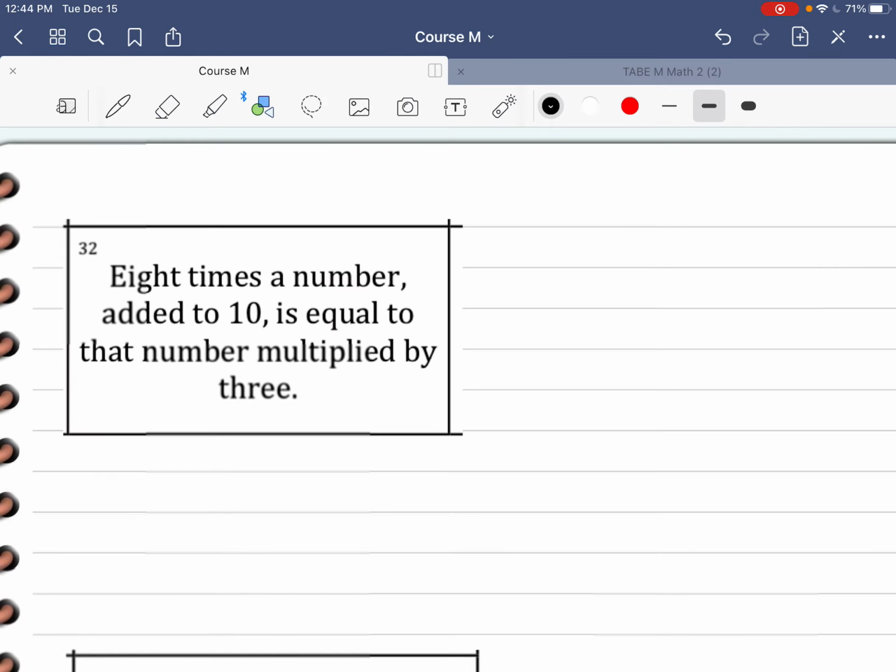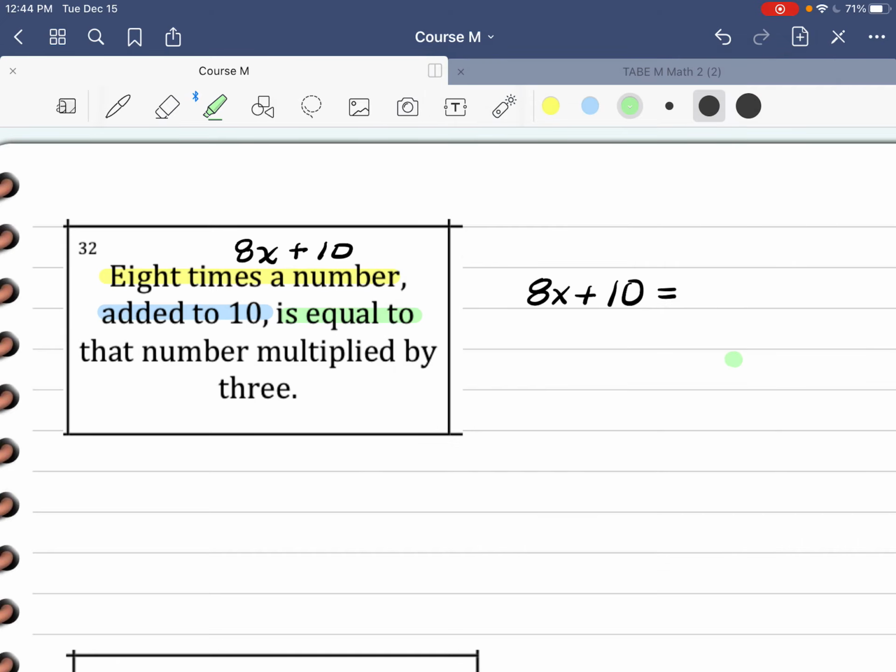Number 32. 8 times a number, so that's 8x, added to 10, so 8x plus 10, is equal to that number.